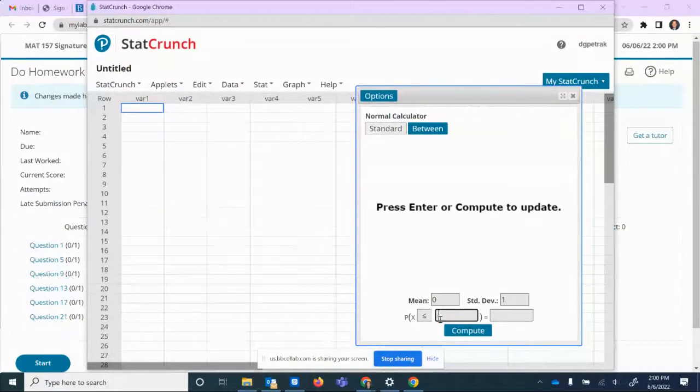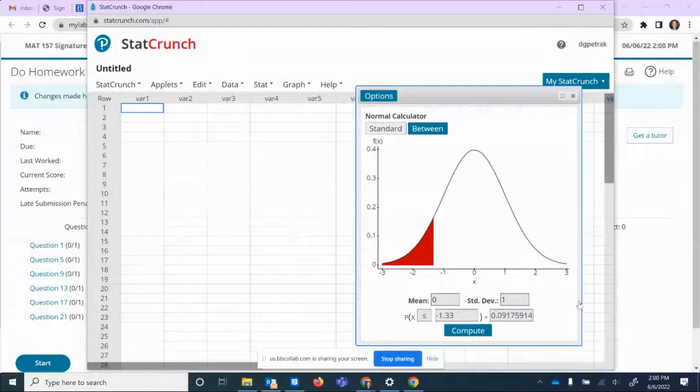There you go. So there's about 9.2 percentile that are below that.